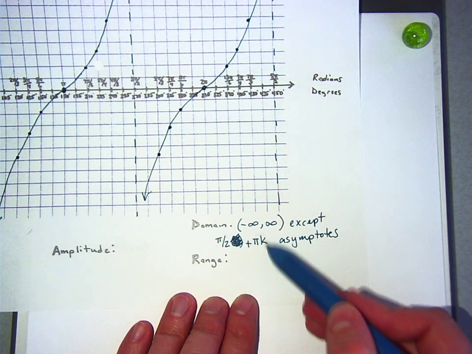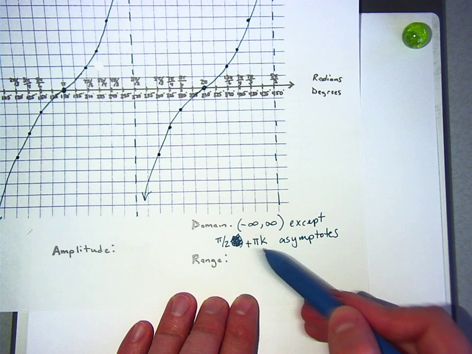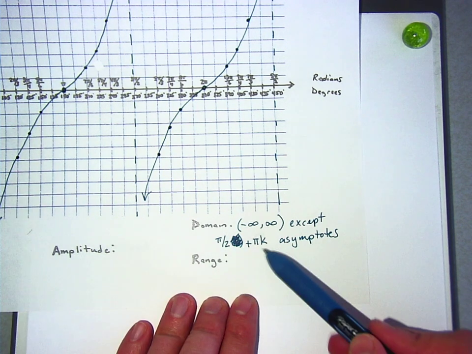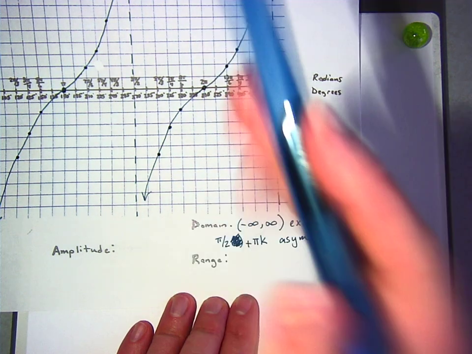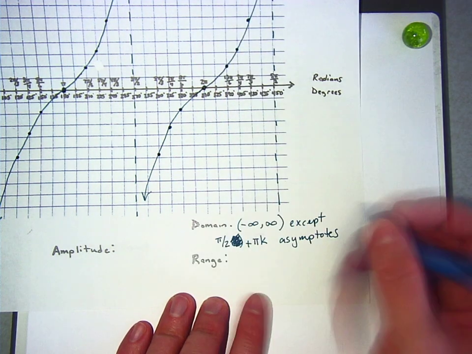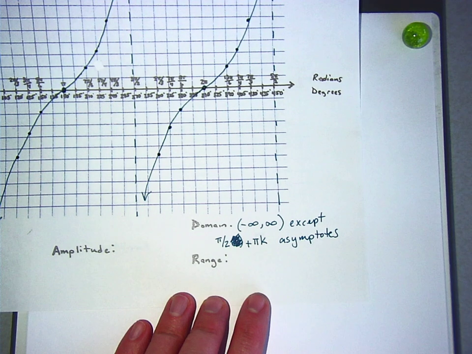And then with any k, if it was 0, then it would be pi over 2, which is where the first asymptote is. If it was 1, then it would be 1/2 plus 1, which is 1.5, which is where the second asymptote is, etc. So it doesn't matter what variable it is, it doesn't have to be k. It is often used as k anytime they're talking about repetitive things like that.